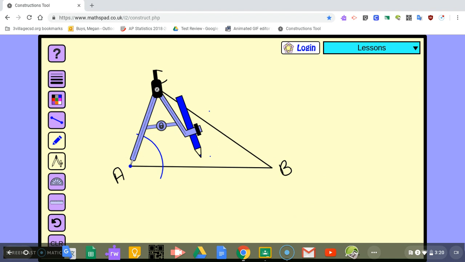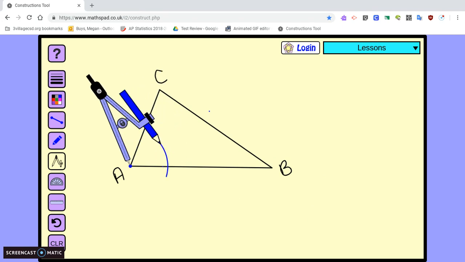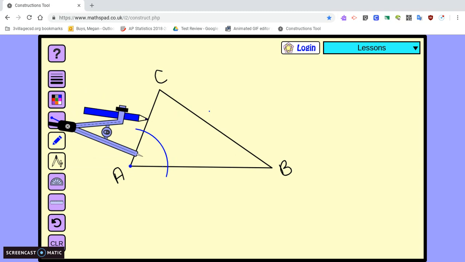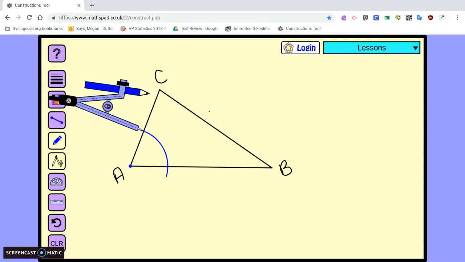So to take that angle bisector, remember we start at A and we make an arc. That way it intersects the angle at both sides. So both sides that form that angle are shown. And now we use those intersection points. We can change the length if we so wanted to.